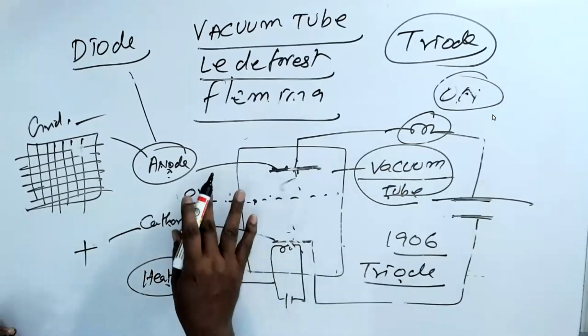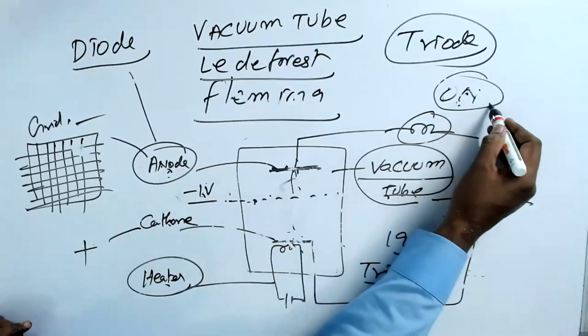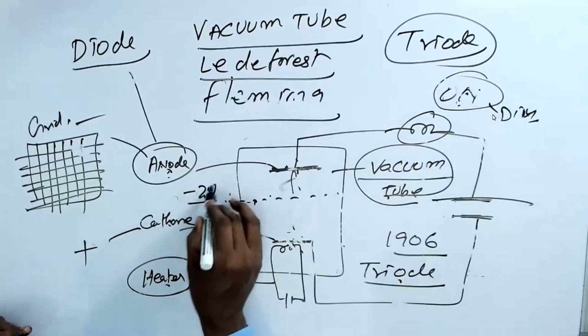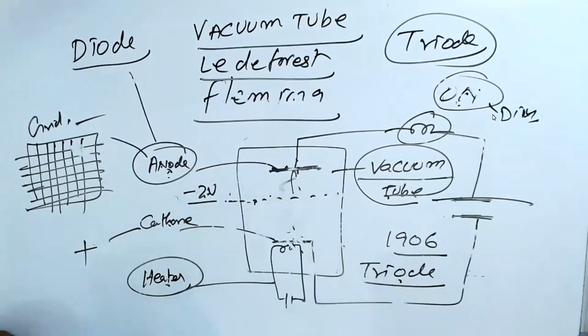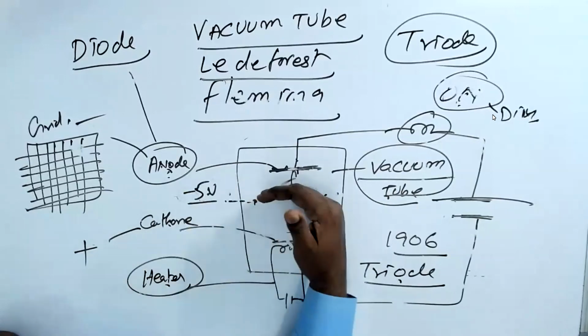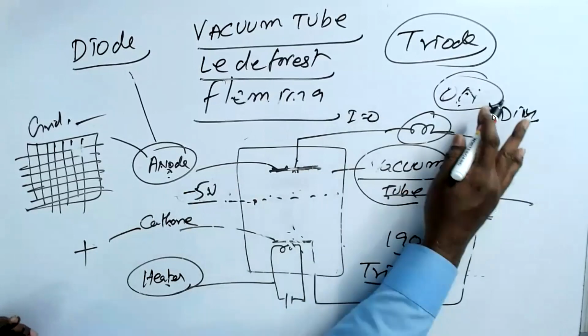By making it minus 1 volt, there are fewer electrons, and the bulb will be slightly dim. If you make it minus 2 volts, the negative will repel the negative, electron will repel the electron. When I give minus 5 volt, it stops all the electrons. So current becomes 0, and the bulb is totally off.